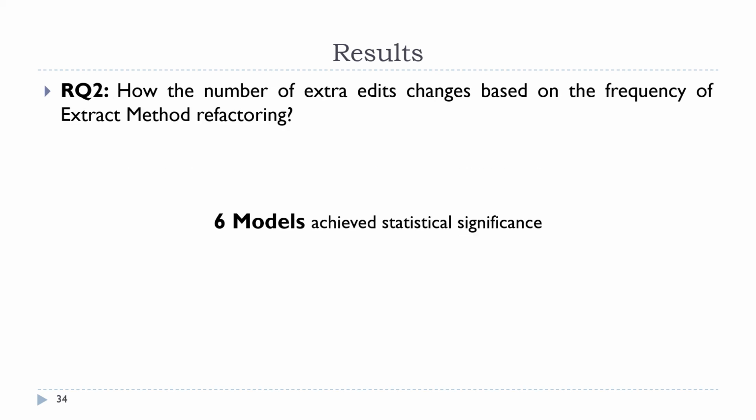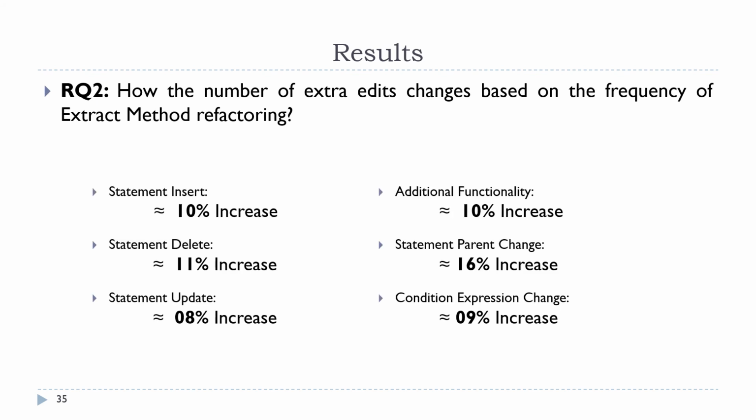For the second research question, we focused on the count model, and from the 8 models we built, 6 were statistically significant. Coincidentally, for this analysis, like in the previous one, all significant edits also had increased odds. However, neither the remove functionality nor the additional object state were statistically significant.